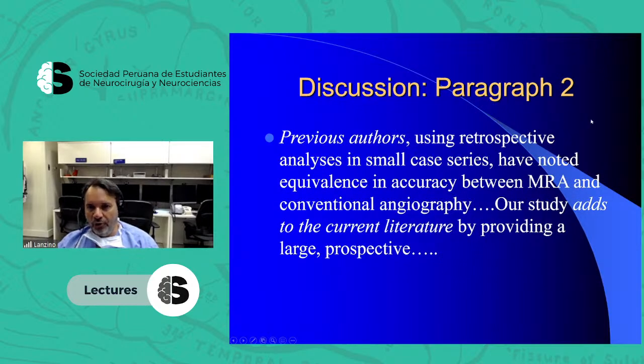Then we go on to paragraph 2. If you remember, in paragraph 2, we compare pertinent literature with our findings. Previous authors, using retrospective analysis in small case series, have noted equivalence in accuracy between MRA and conventional angiography. Our study adds to the current literature by providing a large prospective, and so on.